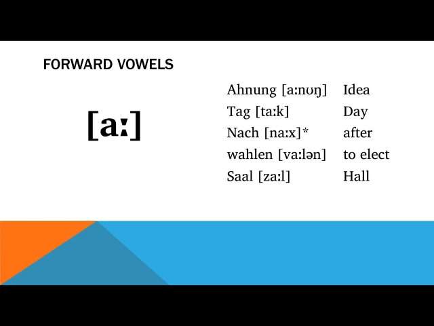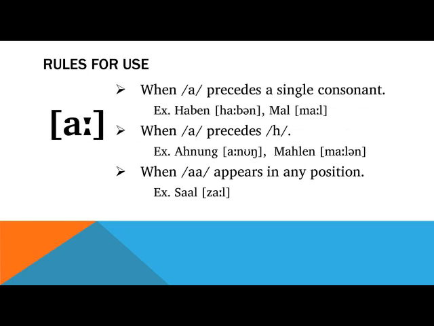Wahlen, Saal. So we use the long A when the written A precedes a single consonant. Haben, malen. When the written A precedes H, as in Ahnung and Wahlen. And then when a double A appears in any position, as in Saal.